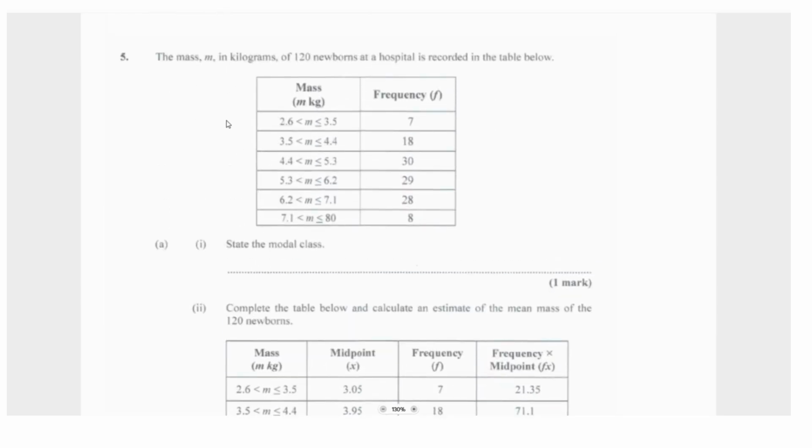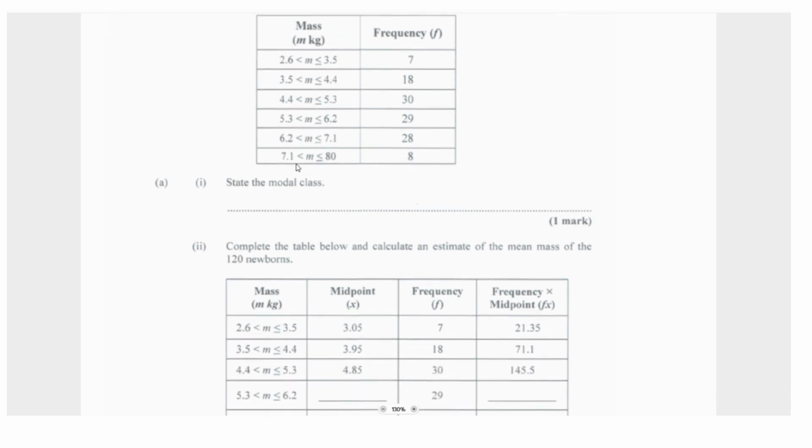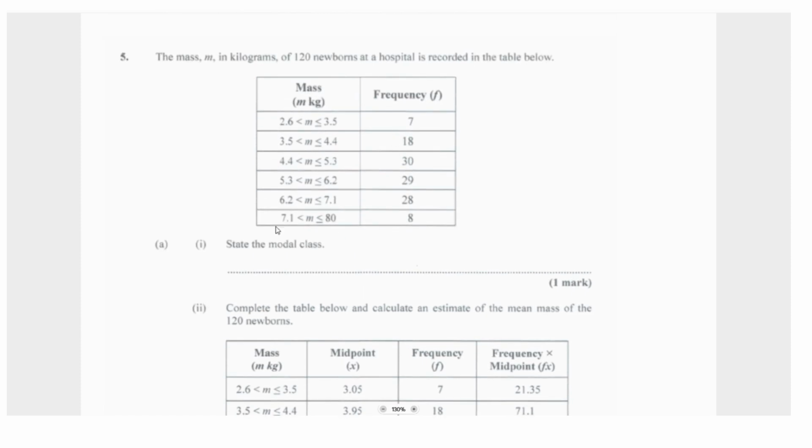Okay, question 5. The mass m in kilograms of 120 newborns at a hospital is recorded in the table below. So we have the mass in kilograms and we have the frequency, and you're asked to state the modal class. Well, the modal class from the table, we look for the biggest frequency here, and that's 30, and we'll read across.